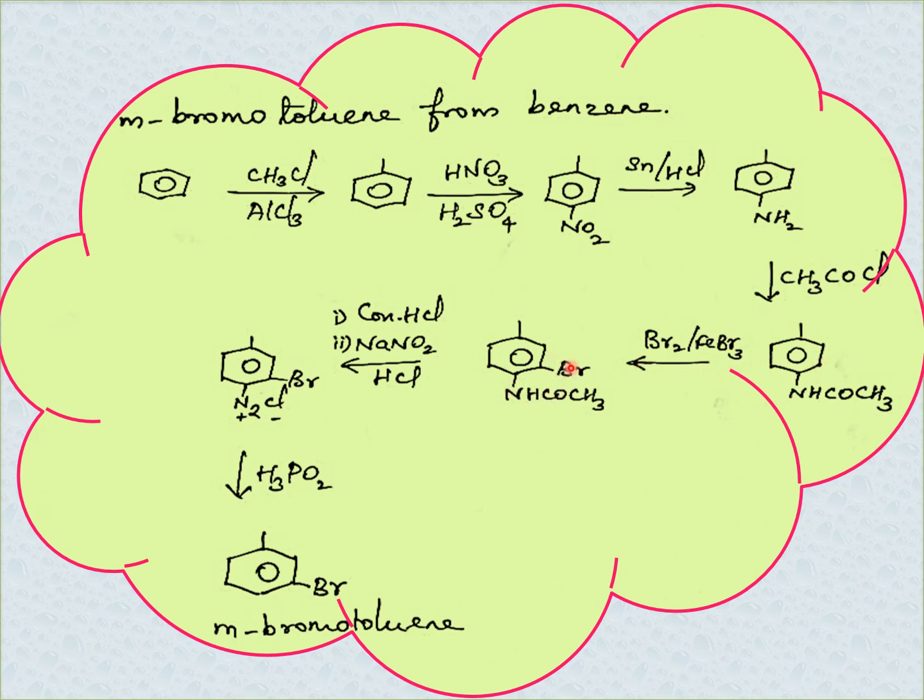the bromo group is introduced ortho to the anilide functional group, because both NHCOCH3 as well as the methyl group are found to be ortho-para directing. When comparing these two ortho-para directing groups, the anilide functional group was found to be the dominant one. It decides where the incoming electrophile, the bromonium ion, has to go.